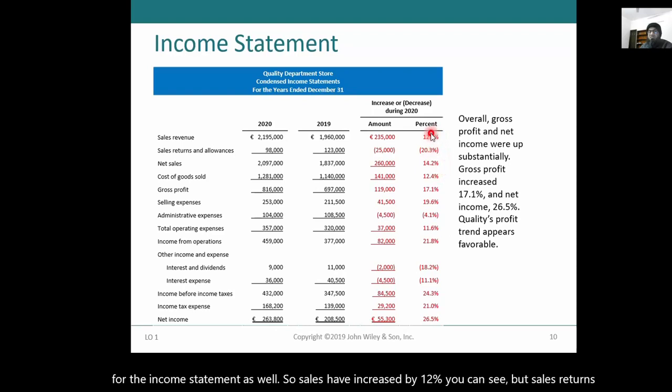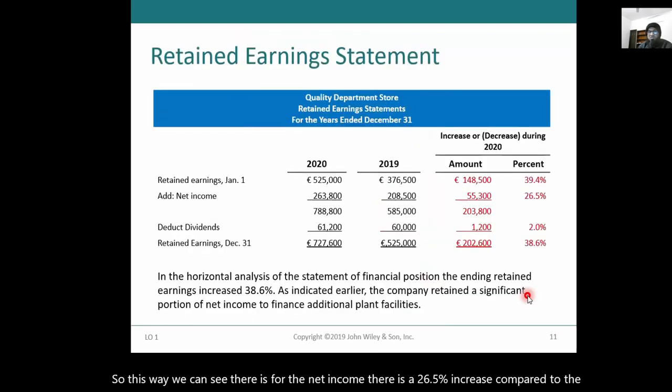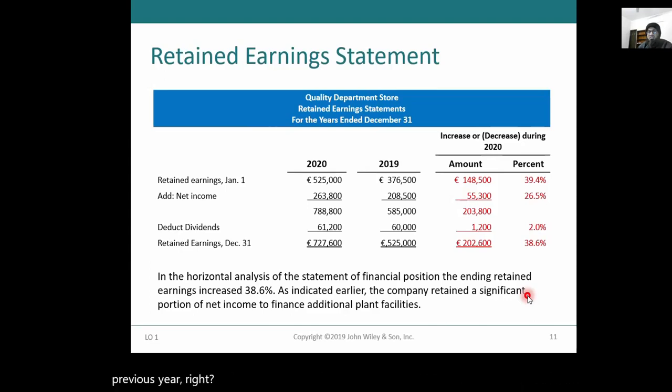So keep in mind, we cannot just club these two percentages and make this percentage because the percentages are based on amounts which are different. So this way we can see for the net income there is a 26.5% increase compared to the previous year, right? So this is the retained earnings statement, horizontal analysis on the retained earnings item, again in the differentials method.